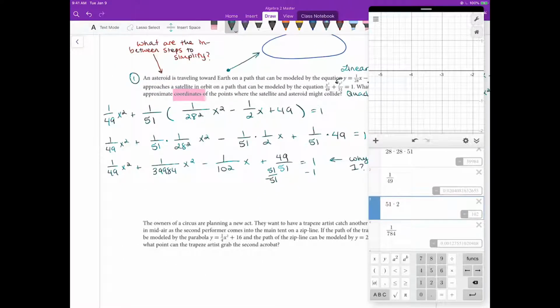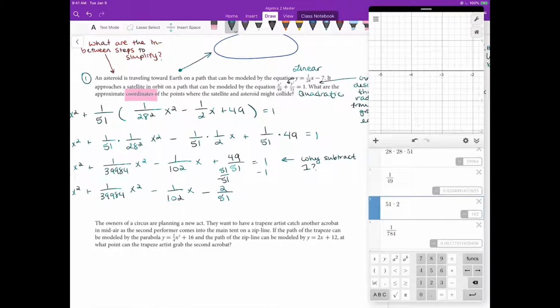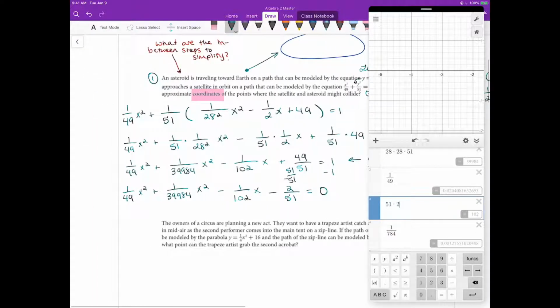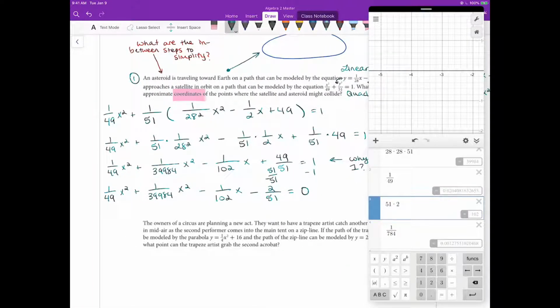So then we would simplify this further to be 1 over 49x squared plus 1 over 399.84x squared minus 102x, let me write that neater, 102x minus 2 over 51 equals 0, and then I would combine my like terms.